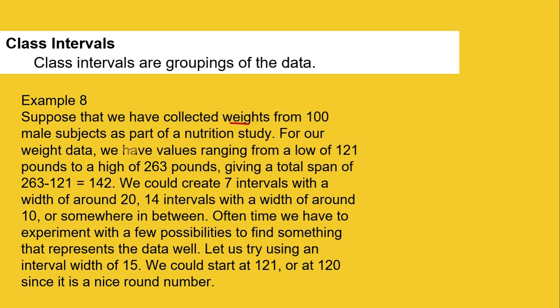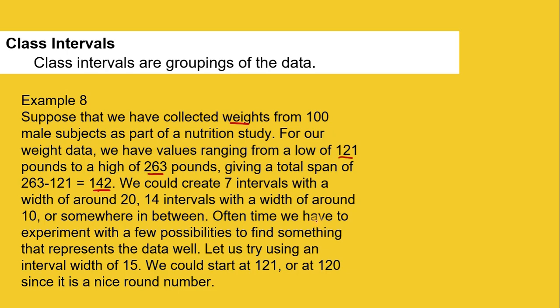For our weight data, we have values ranging from a low of 120 pounds to a high of 263 pounds, giving a total span of 263 minus 121, 142. If you would want to make a long number line for this one, 142 would be very long. So to shorten that, we break it down into groups.